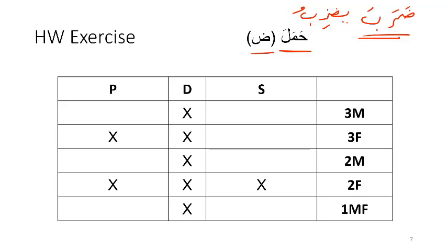Daraba yadribu. So what do we have on the lam letter, the middle letter? Hamala. Kasra. So hamala yahmilu. Exactly. So notice that whatever's happening on the lam letter is based on the bab. So this is bab daraba.